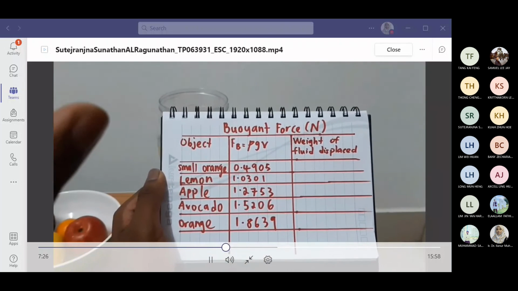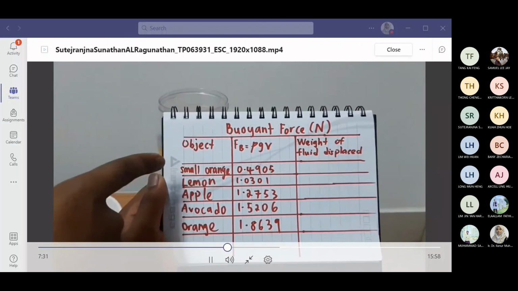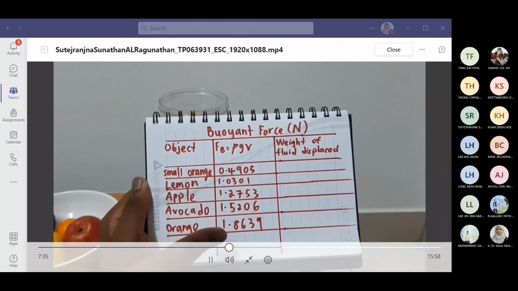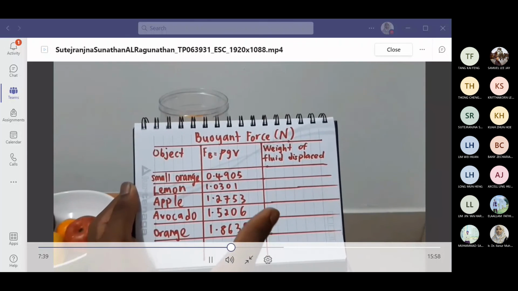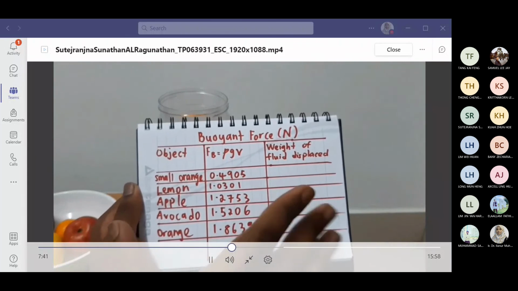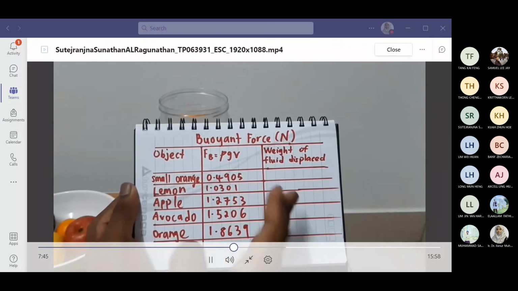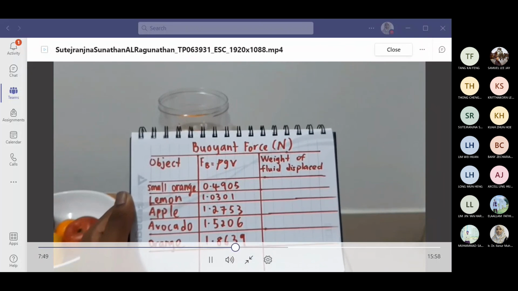The trend that you can see over here is that as the volume of the object increases, the buoyant force of the object increases as well. And now my mission is to carry out the second experiment, which is relatively easier compared to this, because it is just finding the weight of fluid displaced.